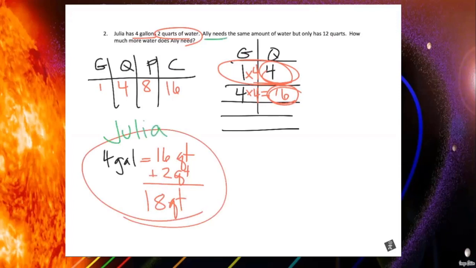Now the question is, Allie needs the same amount of water. Now she only has 12 quarts. Well, that means Allie needs 6 more quarts because 12 plus what gives us 18? And of course the answer is 6. So Allie needs 6 more quarts.